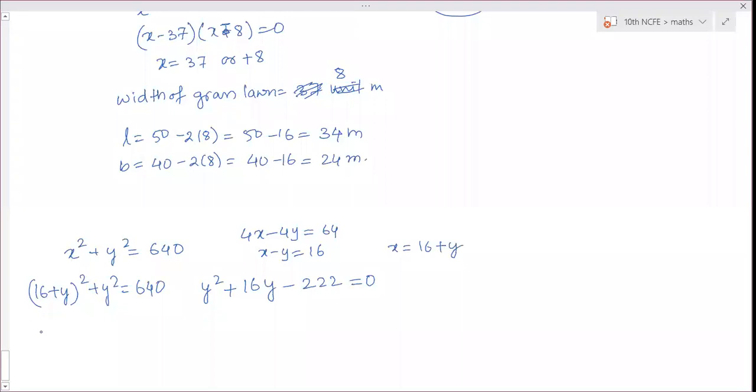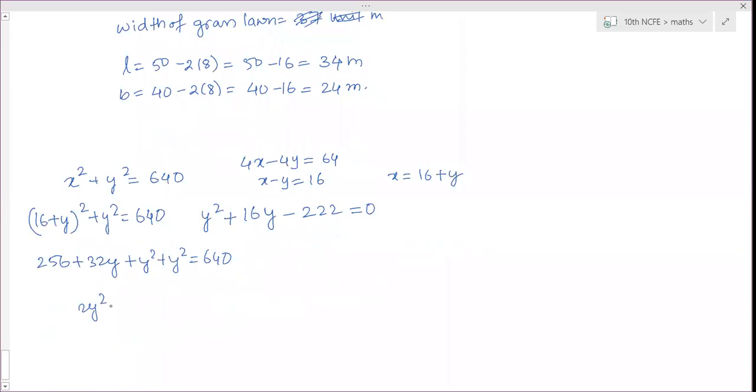So 16 square is 256 plus 32y plus y square is equal to 640. 2y square plus 32y plus 256 minus 640 is equal to 0. 2y square plus 32y minus 384 is equal to 0.